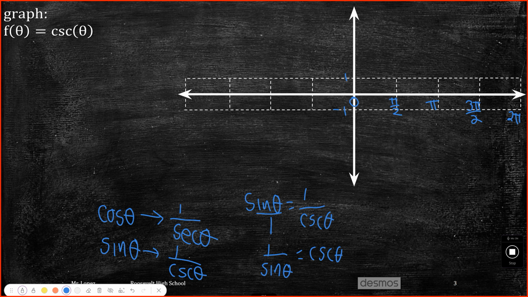Why am I doing this? Because it's easier to do things with things you're more familiar with, no? So cosecant theta is equal to 1 over sine theta. And now we're going to do a table of values by figuring out these values.